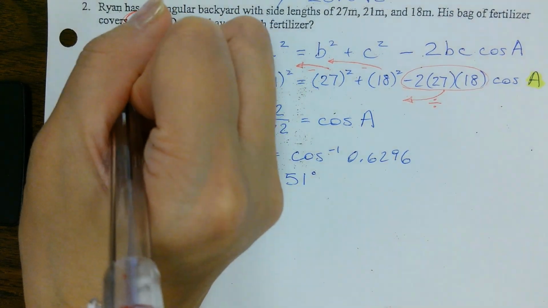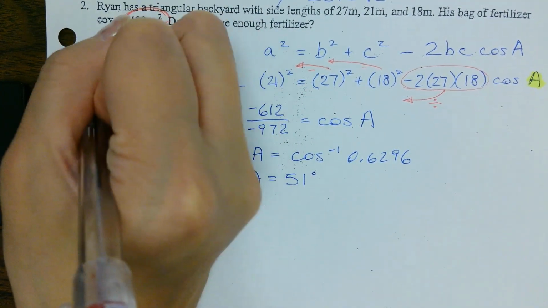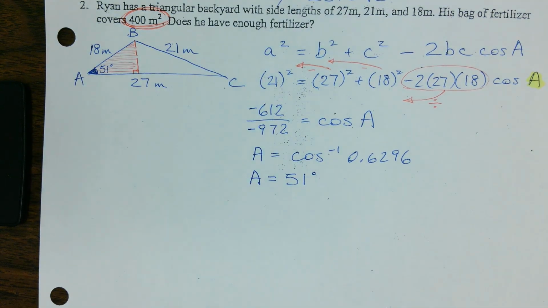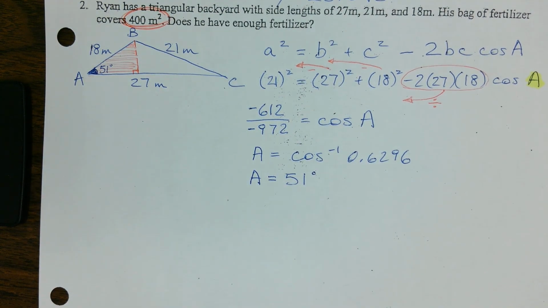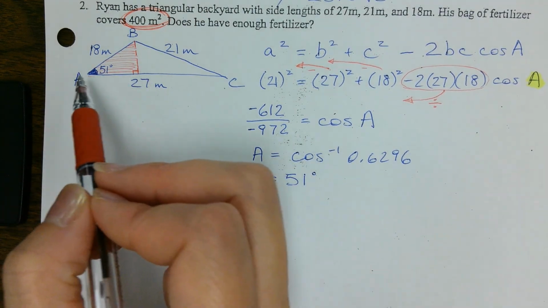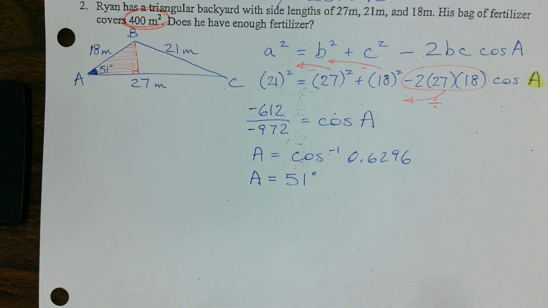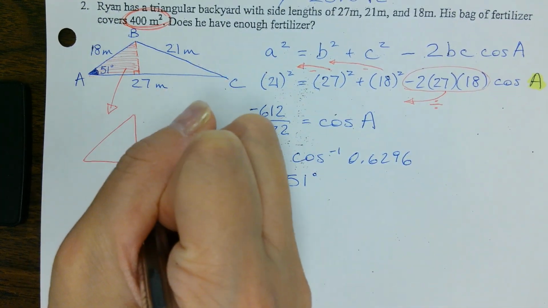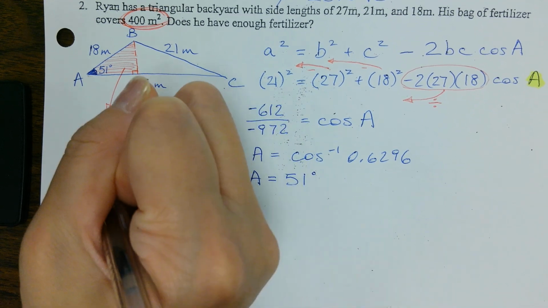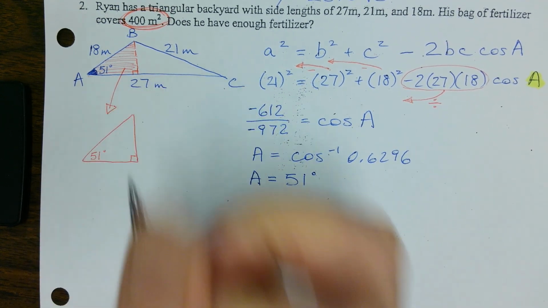If I just look at this triangle right here, another hint. When we're given 3 sides, we know to do cosine law. When we're given a right angle triangle, we know to do SOHCAHTOA. So I'm just redrawing this so that you can see it better.